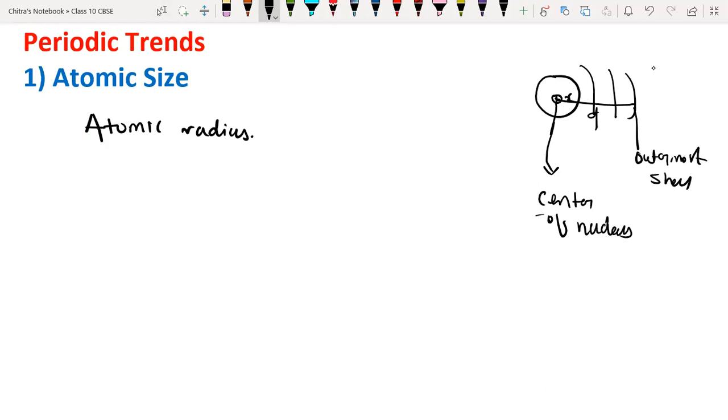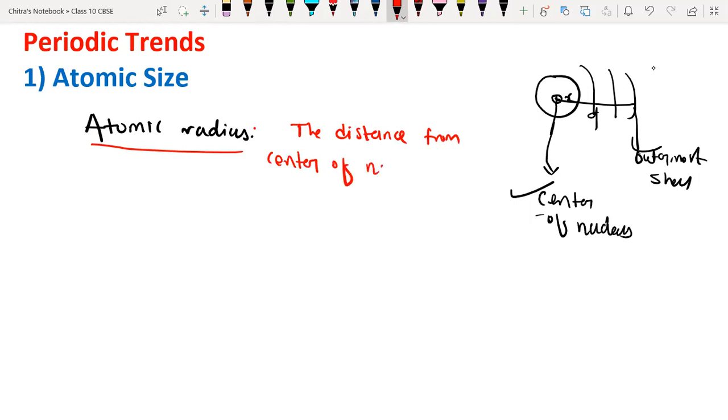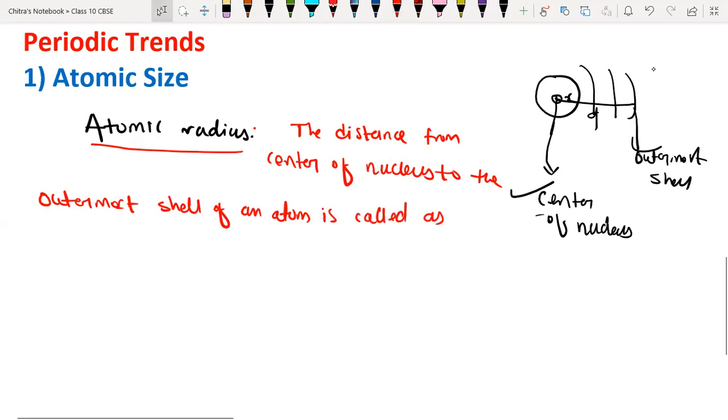The distance from the center of the nucleus to the outermost shell of an atom is called atomic radius, and atomic size is determined by atomic radius only. So we have to understand atomic radius only. The distance from the center of nucleus to the outermost shell of an atom is called atomic radius.